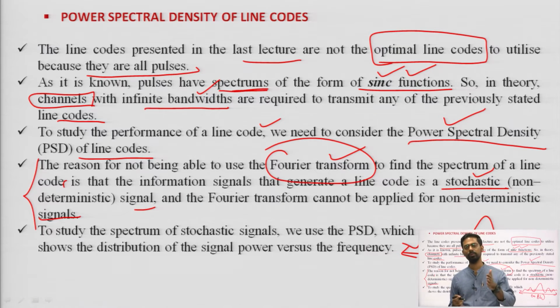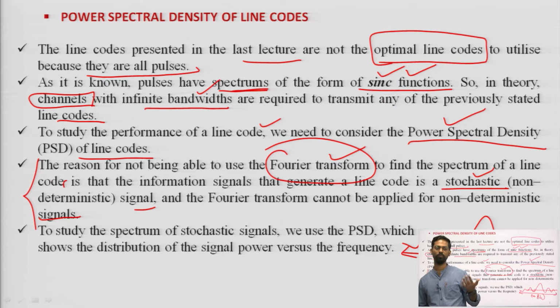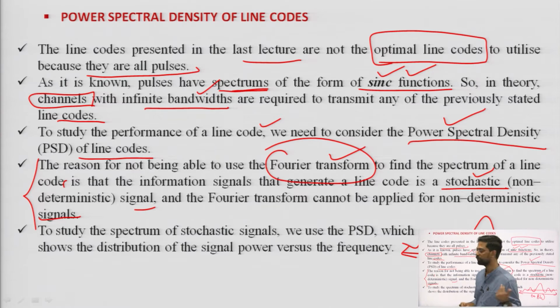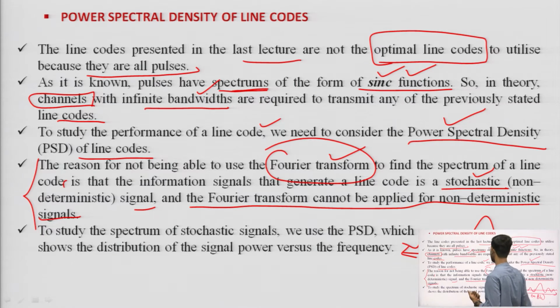Why am I repeatedly talking about non-deterministic signals? Because in nature we have more non-deterministic signals. So, to know the frequency content or the spectrum, we cannot use the Fourier transform in a non-deterministic signal. The Fourier transform cannot be applied for non-deterministic signals.